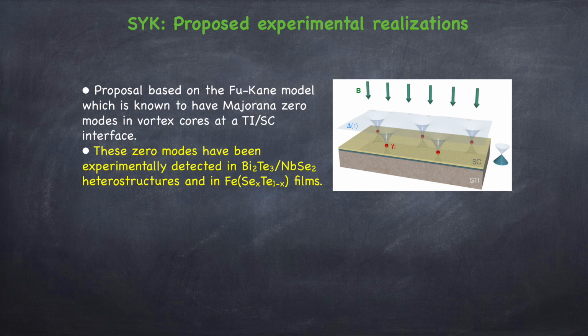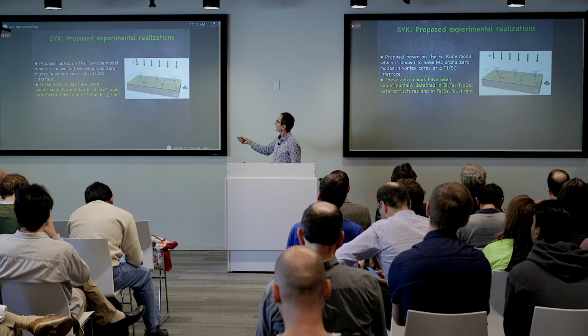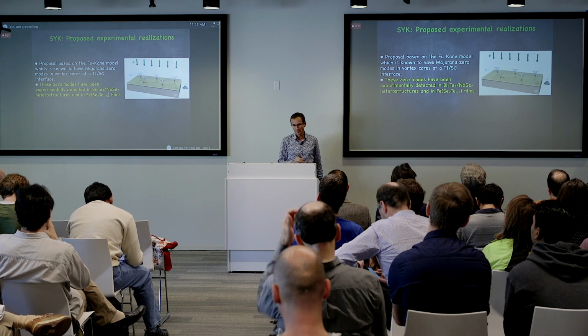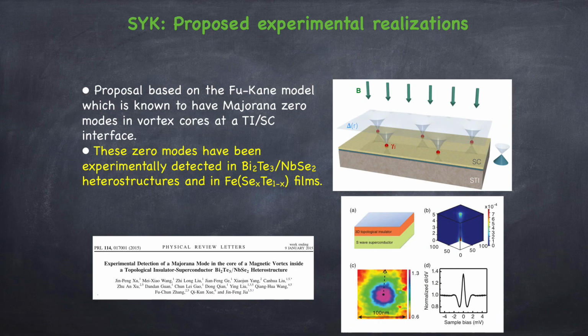What Fu and Kane showed is that at the interface, a special topological superconductor is generated, which has the property that if you apply a magnetic field to it, then each Abrikosov vortex hosts a single unpaired Majorana fermion. So that's another platform. There is some experimental evidence that this actually occurs in certain systems. And so can we harness this to create an SYK model?